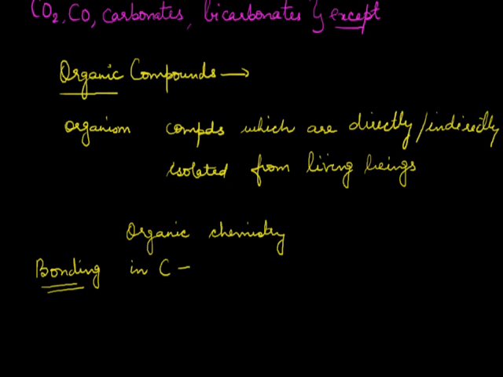Elements which form ionic compounds achieve the noble gas configuration by either gaining or losing electrons from the outermost shell. But in the case of carbon, the configuration is 2, 4. It has 4 electrons in its outermost shell, and to complete its octet it needs 4 more electrons.